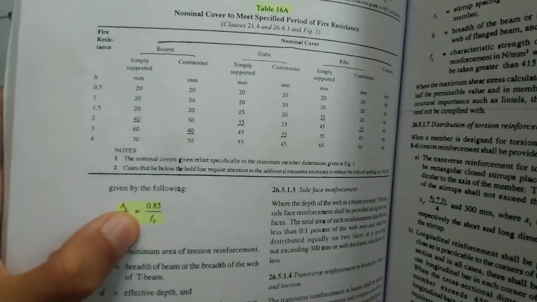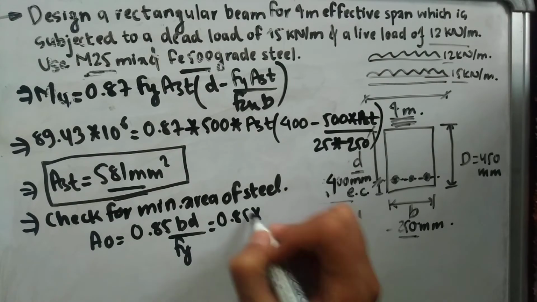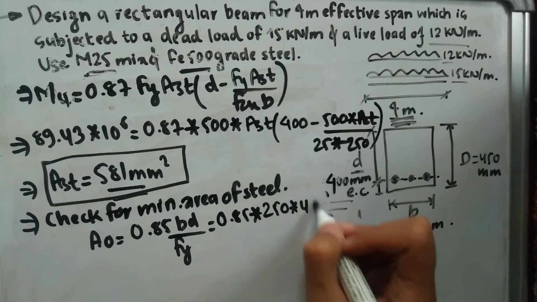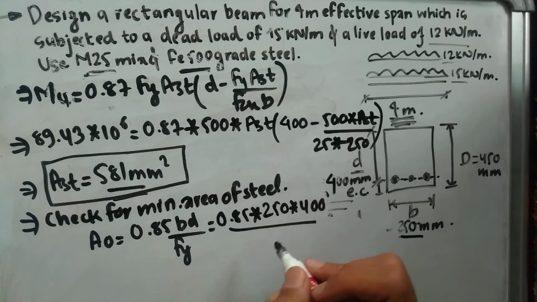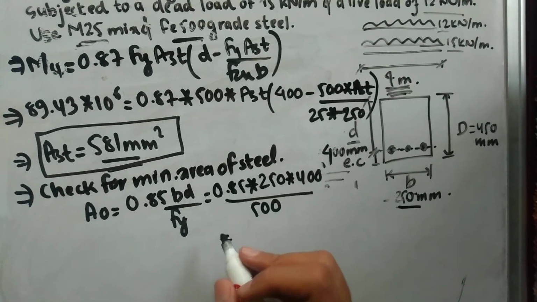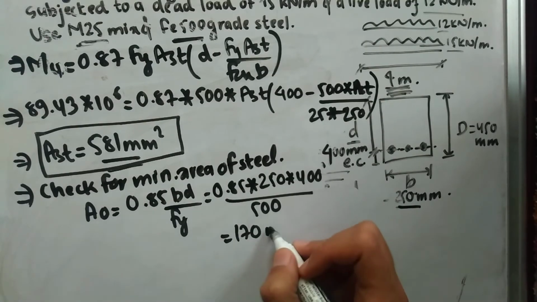As by bd equals 0.85 divided by fy, where As is the minimum area of steel required. So we place 0.85 into b, my b value is 250, my d value is 400, divided by my fy value of 500. On solving this, I get my As0 value as 170 millimeter square.